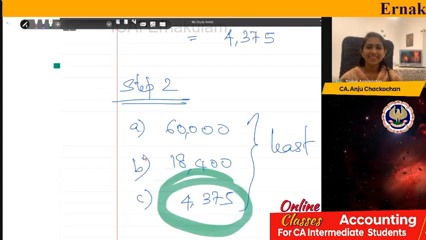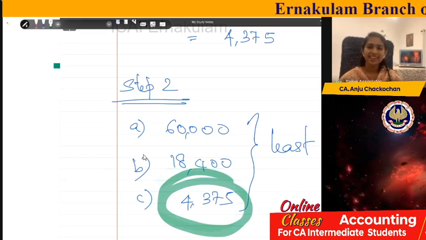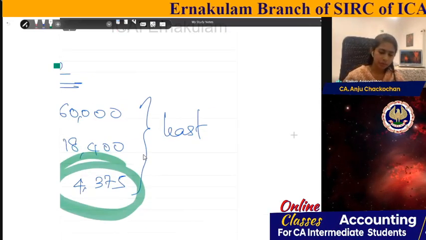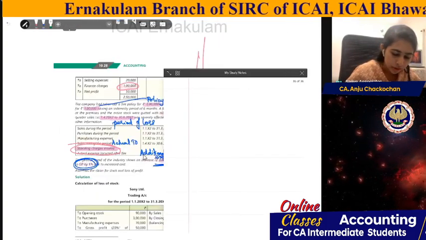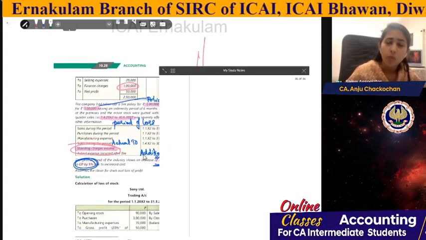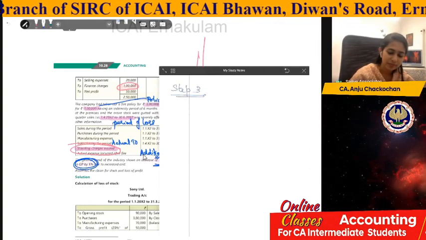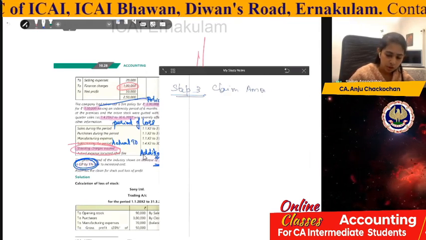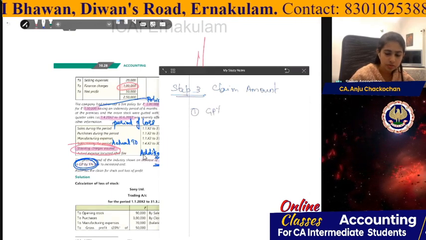All right. All others done with this? Okay. So we'll proceed with our step 3, which is the final step. What was that? We compute the claim amount. So how do we compute that? First, GP percentage on short sales.